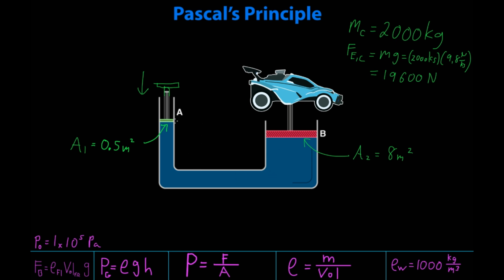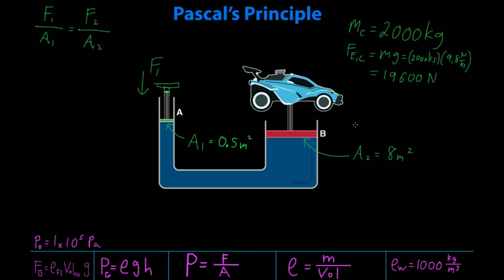So first, let's find out how much force you would need just to keep the car from moving at all. Well, to do that, we're going to find out how much force you need to exert on this area. Because remember, the force exerted over an area in one part of the system transfers to the entire enclosed system. I'm going to move this here so we have some space.